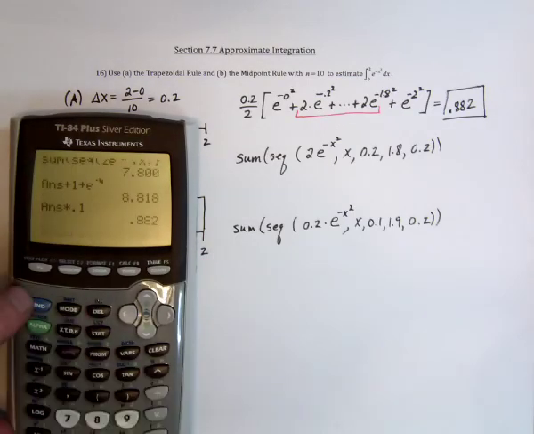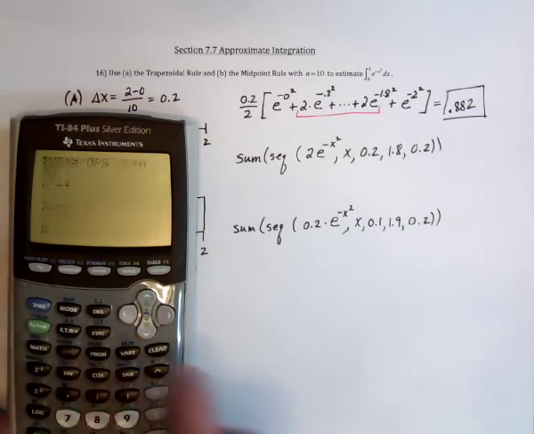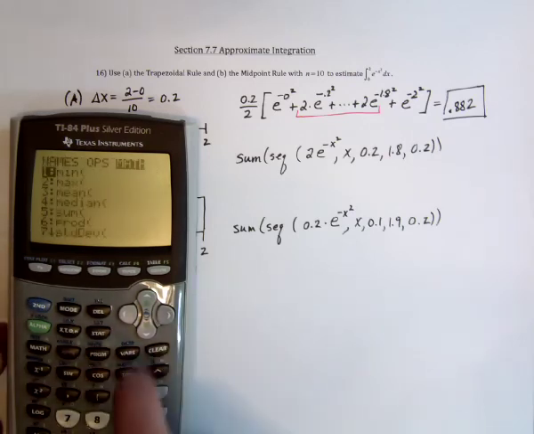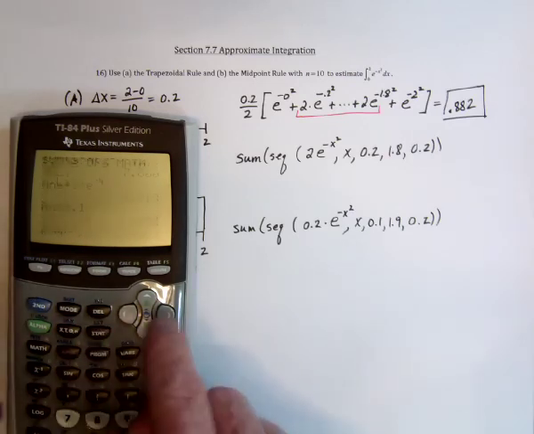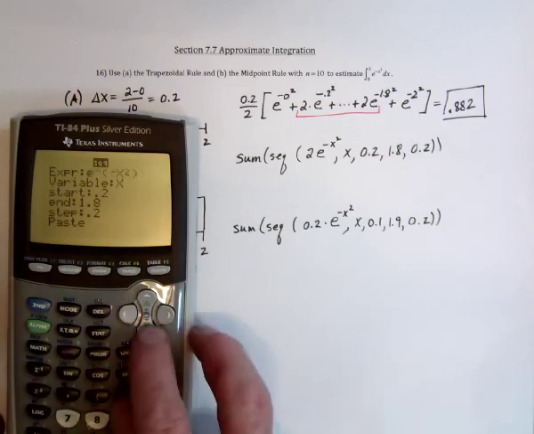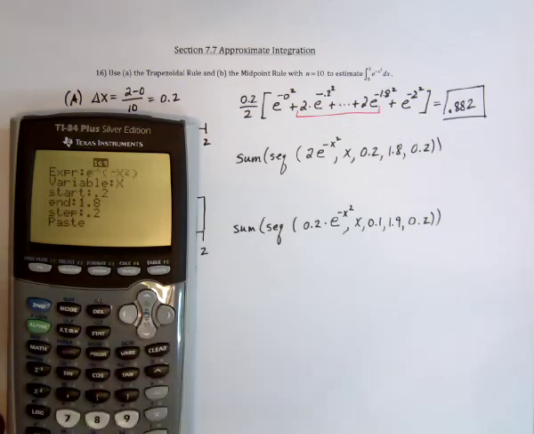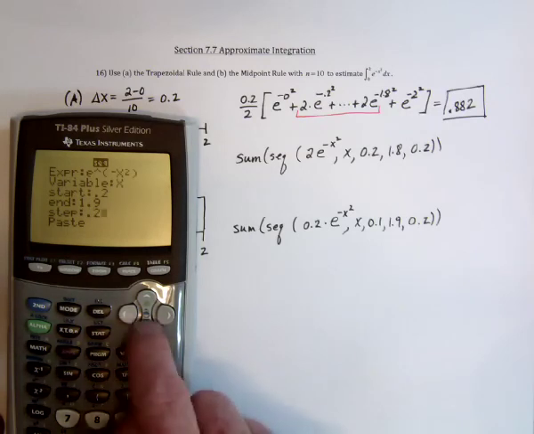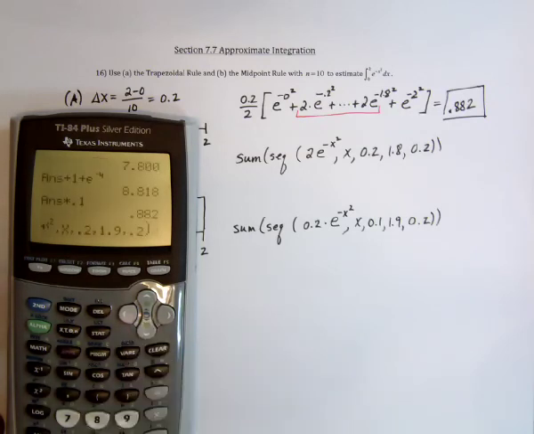So we've got second list, we need the sum part, second list, we need the sequence part. The expression is just e to the negative x squared. Start at 0.1, end at 1.9, and the step is 0.2. And then the answer should be pretty close to 0.882.